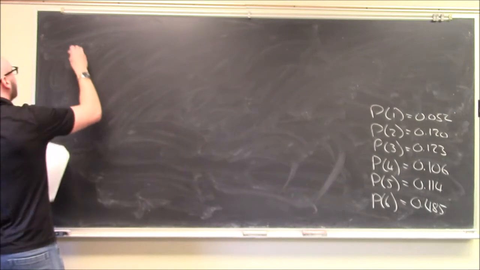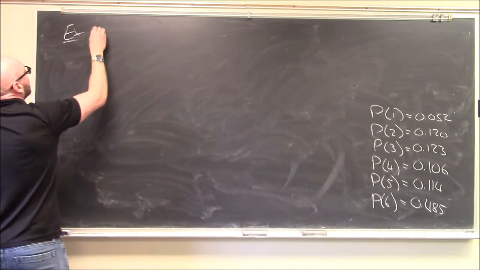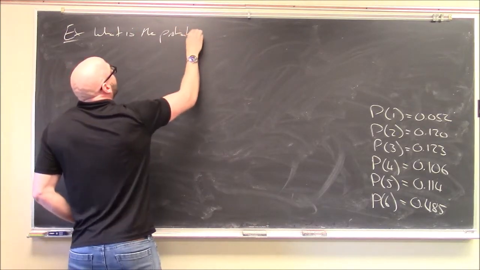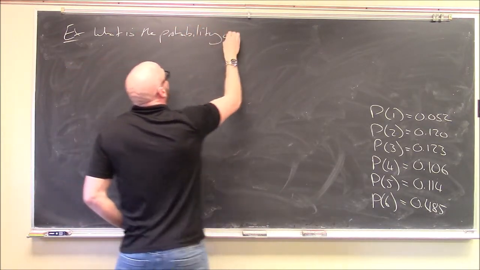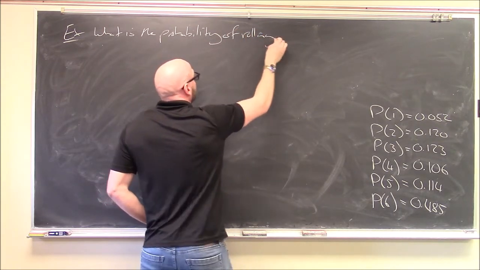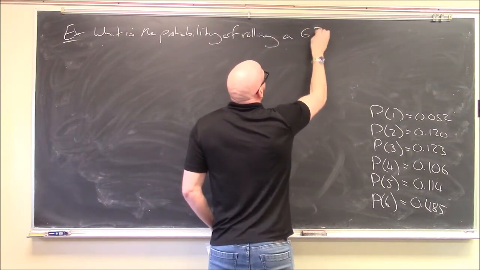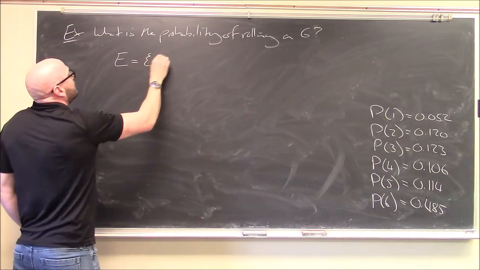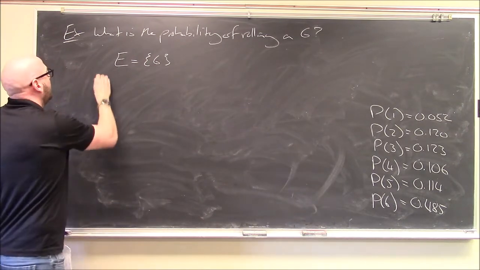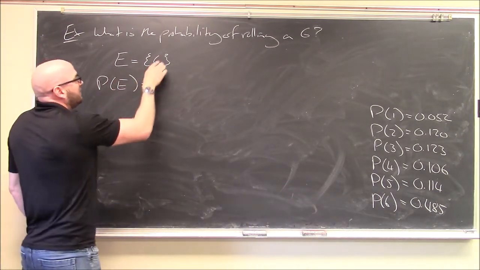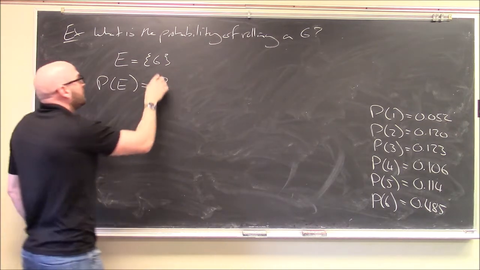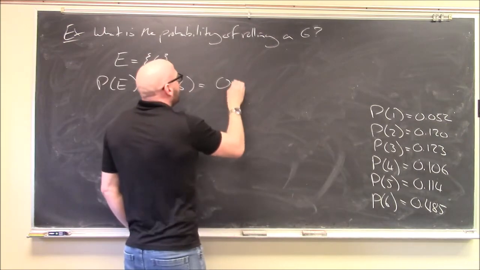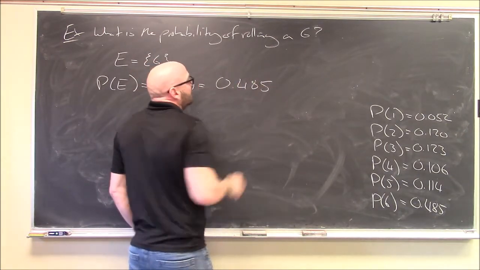So, for example, once again, what is the probability of rolling a 6? Well, my event is just one element, it's a 6. So the probability of this event is the sum of the probabilities of each element in the event. So this is just the probability of rolling a 6, which is 0.485.